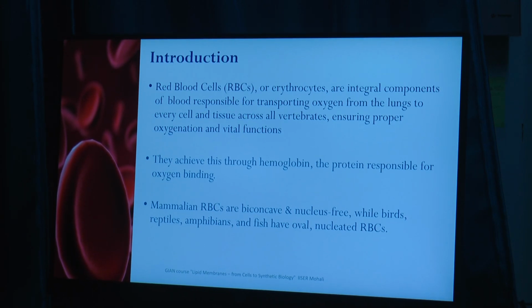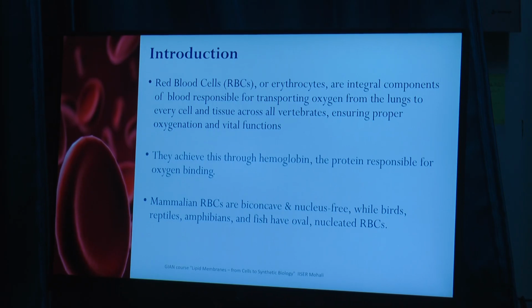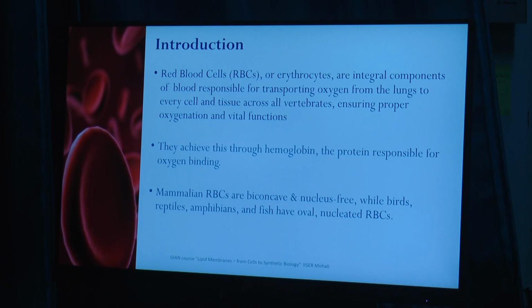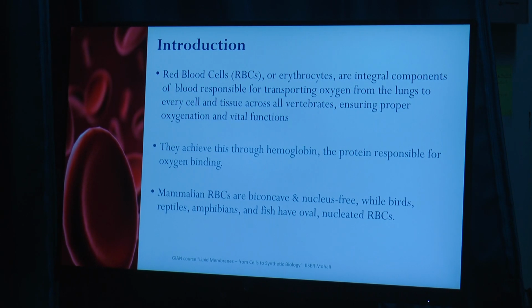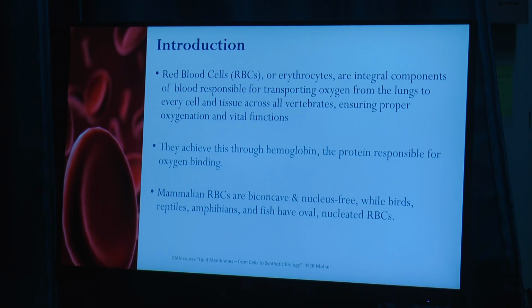Now when we speak about how it actually does that, we know red blood cells travel through our entire body, and they contain hemoglobin, which holds on to the oxygen molecules, and oxygen is carried through the bloodstream throughout our body.